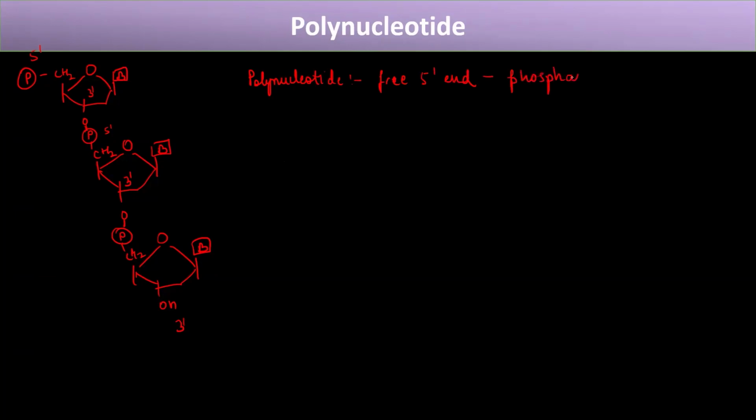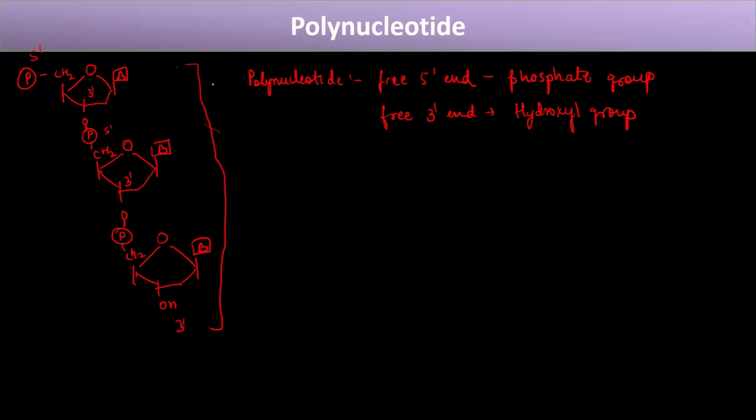So it will have a free 5 prime end that has a phosphate group, and then a free 3 prime end that has a hydroxyl group. So whenever this chain terminates, it will be read like this. Here it will have 5 prime, and then it will go like this. New nucleotides will add, and the end will have the 3 prime hydroxyl group. So this is the direction of this polynucleotide.